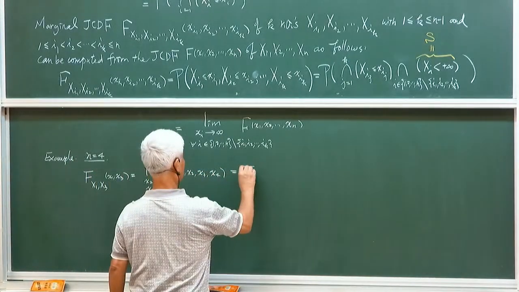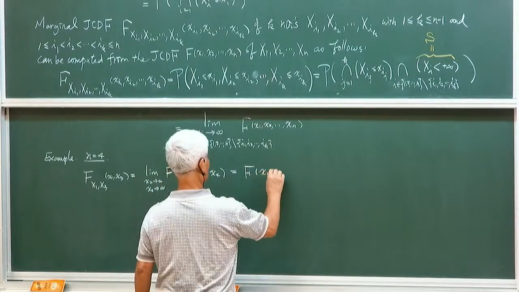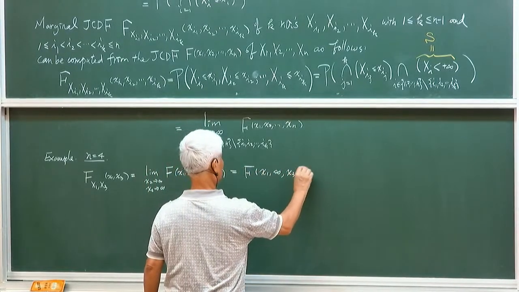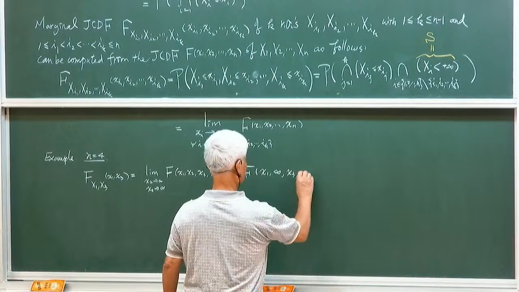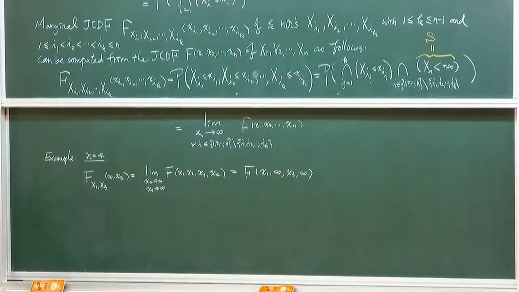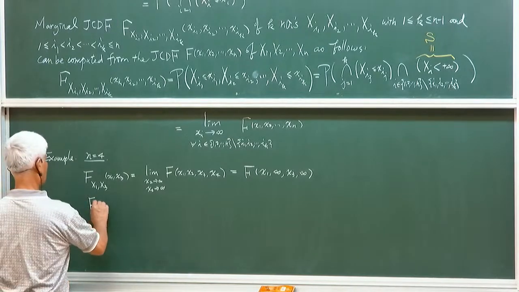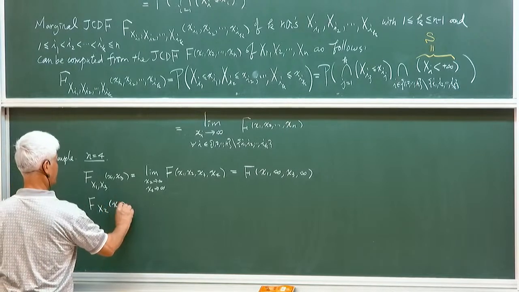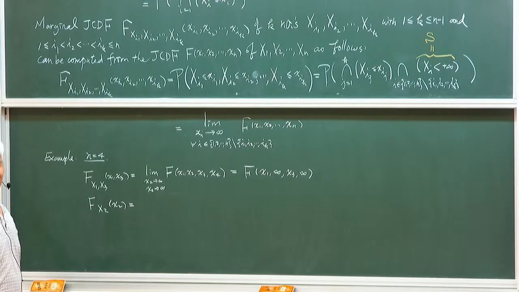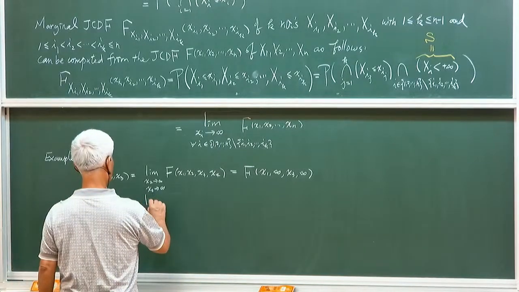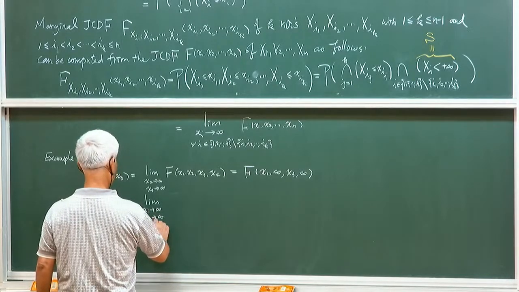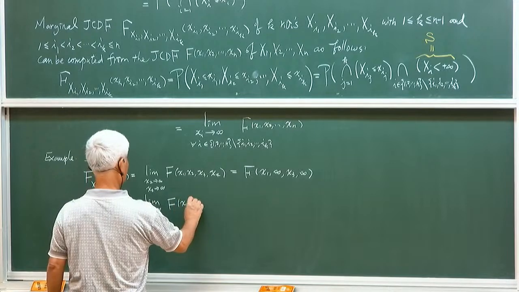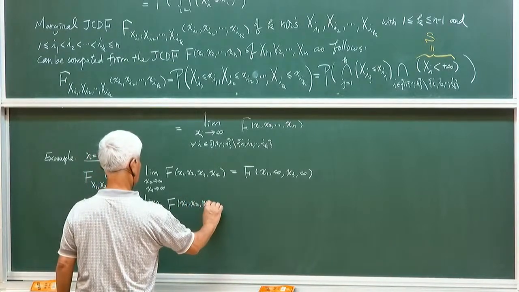Okay, and similarly F of x2, which is just the CDF of the second random variable X2, is the limit as x1 goes to infinity, x3 goes to infinity, and x4 goes to infinity of the joint CDF of X1, X2, X3, and X4.